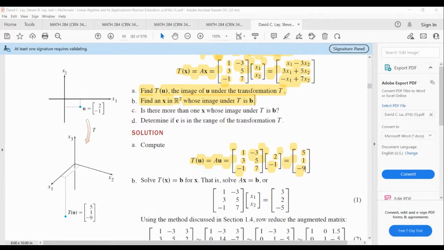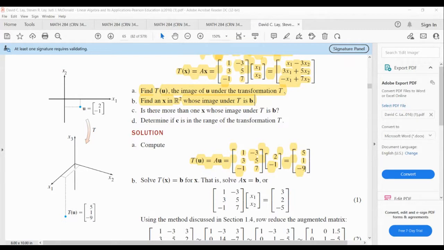Remember when you learned about functions, and a function maps elements of a domain to elements of a range. How many recall that? This is the same type of thing.